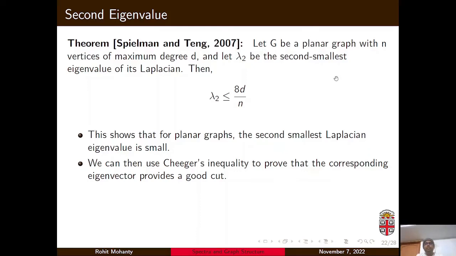If G is a planar graph with n vertices of maximum degree d, and lambda 2 is the second smallest eigenvalue of its Laplacian, then lambda 2 is less than or equal to 8d by n. This clearly shows that for planar graphs, the second smallest Laplacian eigenvalue is small. We can then use Cheeger's inequality that we learned just now to prove that the corresponding eigenvector provides a good cut.